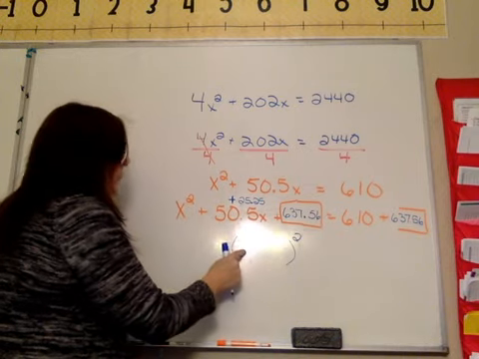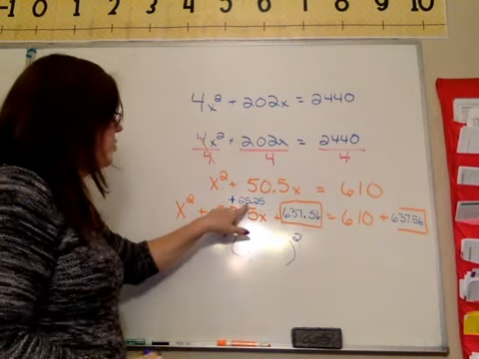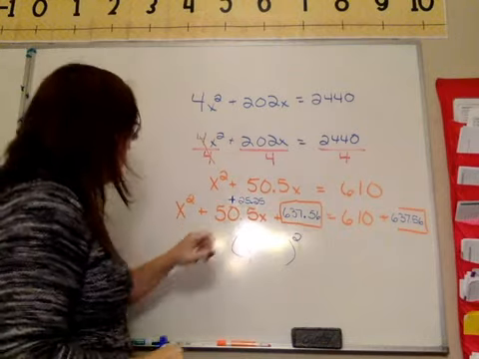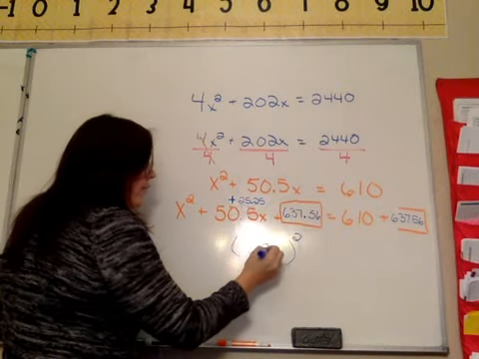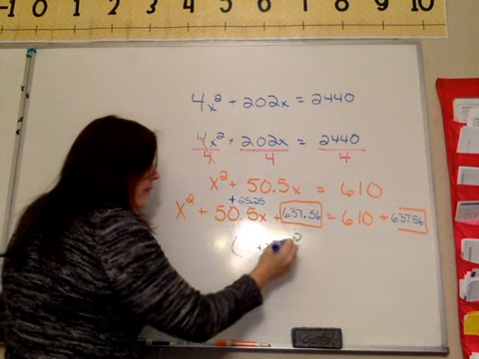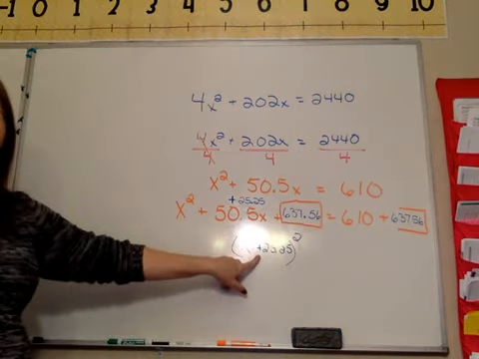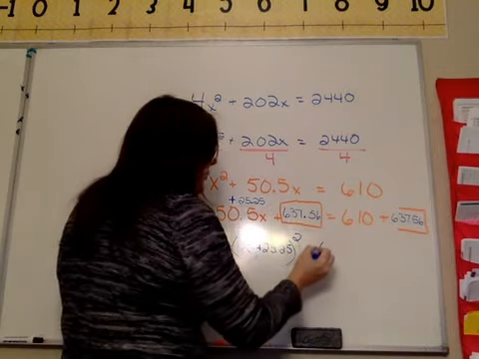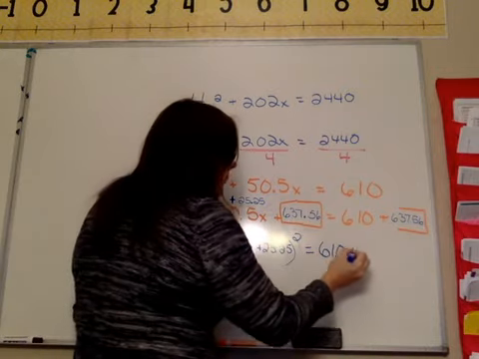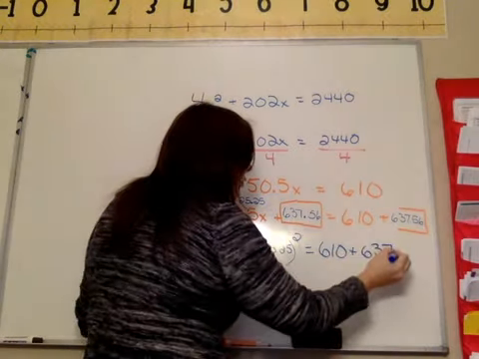And then it's always going to be what this first part was, the half, and it was a positive 25.25. That's what goes in. And the decimals are perfectly fine. There's nothing wrong with those. And then on this side, we still have our 610 plus 637.56.